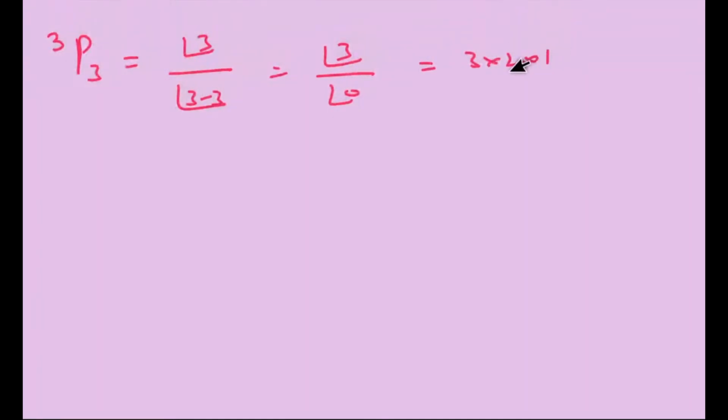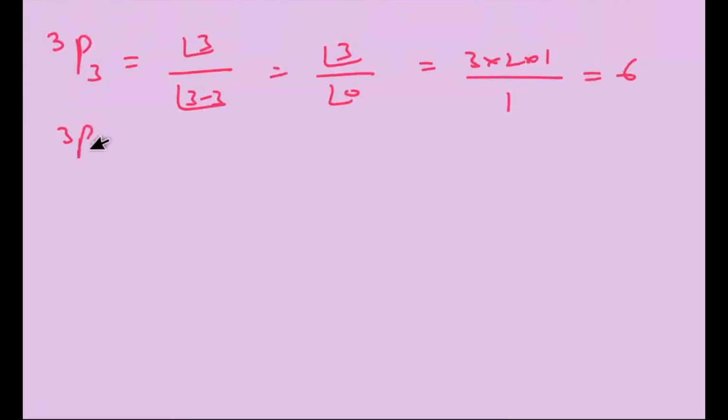Now 3P3 means factorial 3 upon factorial 3 minus 3, factorial 3 upon factorial 0. Okay, we can write 3 into 2 into 1. Factorial 0 is 1, this I will prove. Okay, so it is 6.